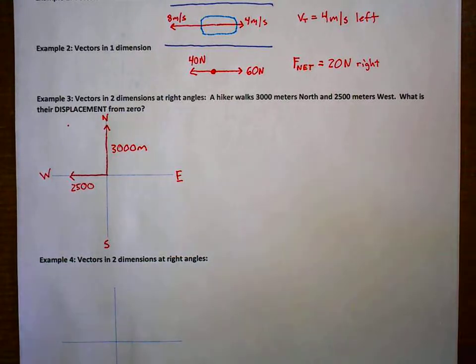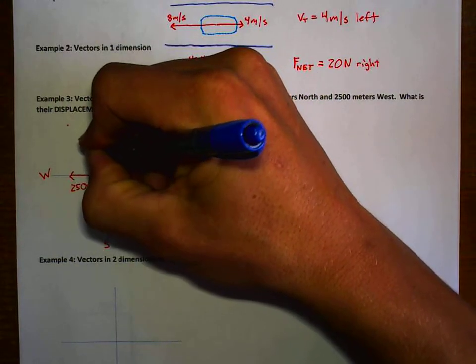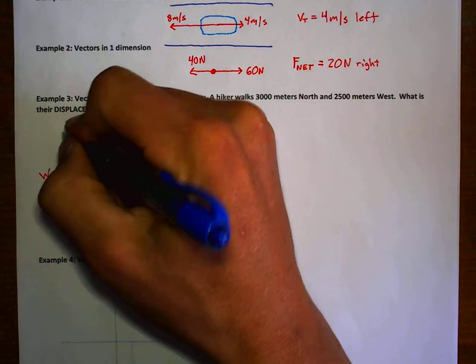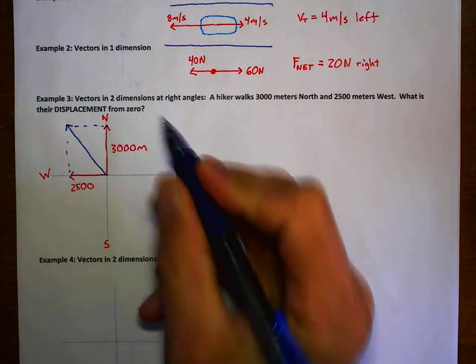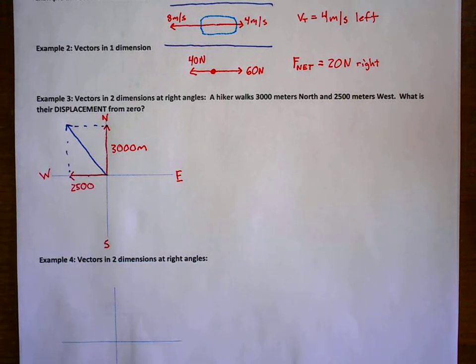Okay, so I'm going to take a different color and draw my resultant vector out here. This is called the resultant vector. It's the addition of these two. Okay? And you can see if I draw some lines over here, this line's equal to that, and this line is equal to that.